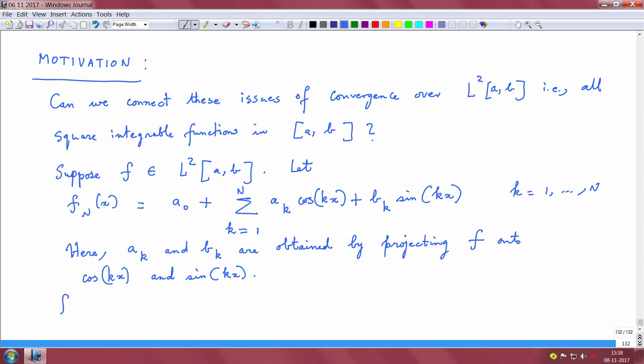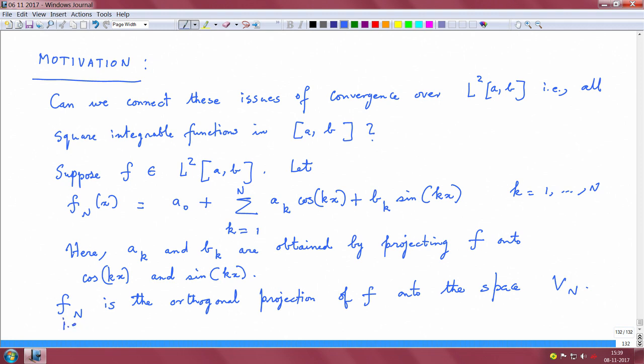Now, we can interpret this as f_n is the orthogonal projection of f onto the space V_n.